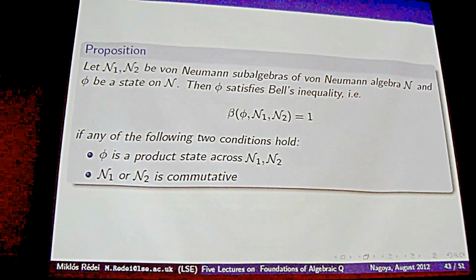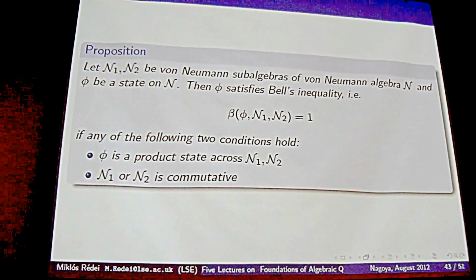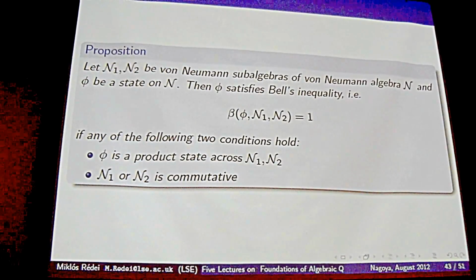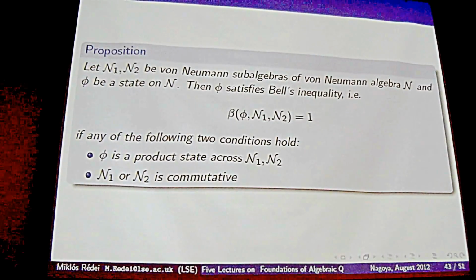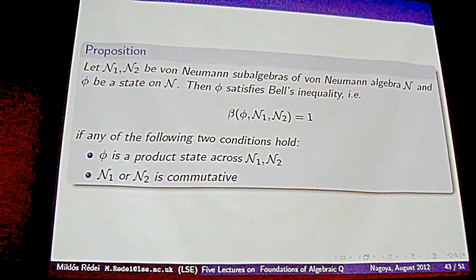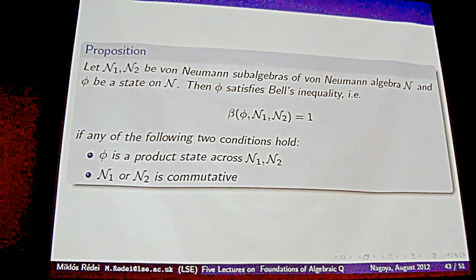It's another way of saying that the state satisfies Bell's inequality in this case. And again, there are two such typical cases: when the state is a product state across the algebras, or when any of the algebras is commutative. Any of them commutative is enough.